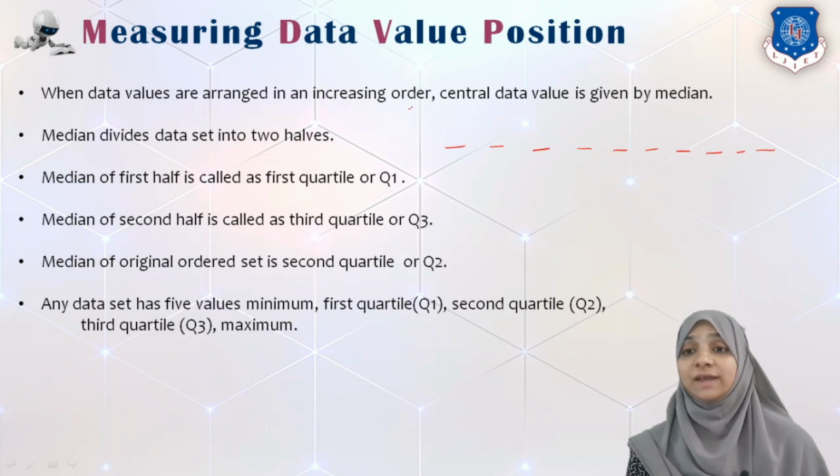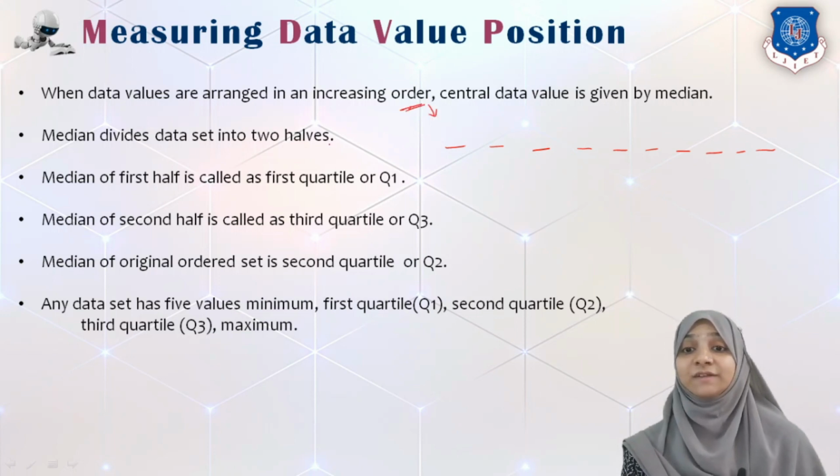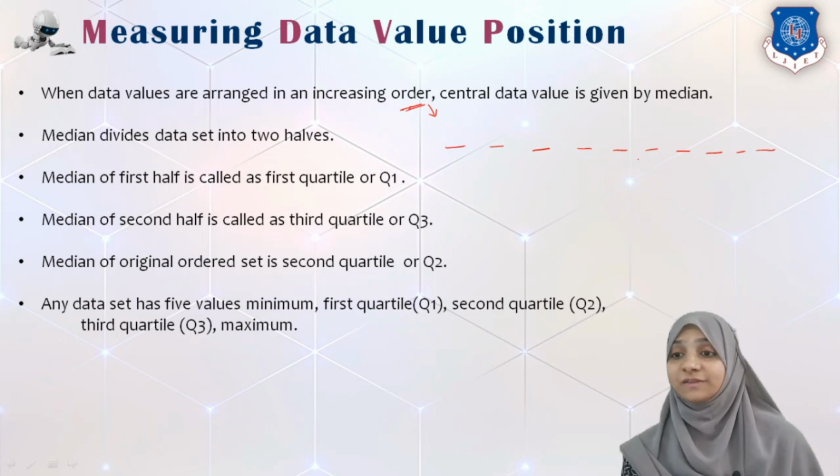They are in increasing order. Now we will calculate the median, which divides the set into two halves. This is a set of 10 elements and we find the median. Okay, so my fifth element or sixth element is the median. I will take the fifth element. So this fifth element is my median and I will call it quartile 2.